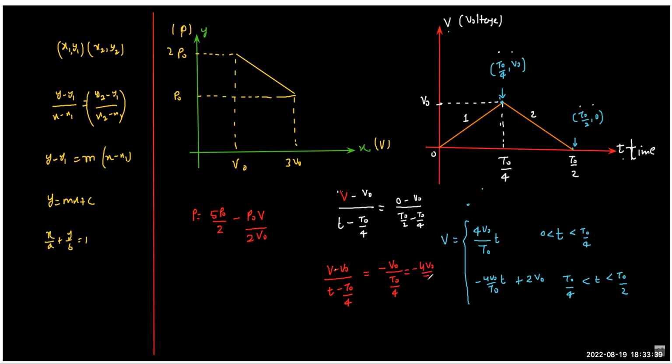You can see this is minus v naught by t. And then you can just rearrange. So v minus v naught is minus 4 v naught by t naught into t minus t naught by 4. This will give you v equals minus 4 v naught by t naught into t. The second term is plus v naught, and this v naught will become 2 v naught.